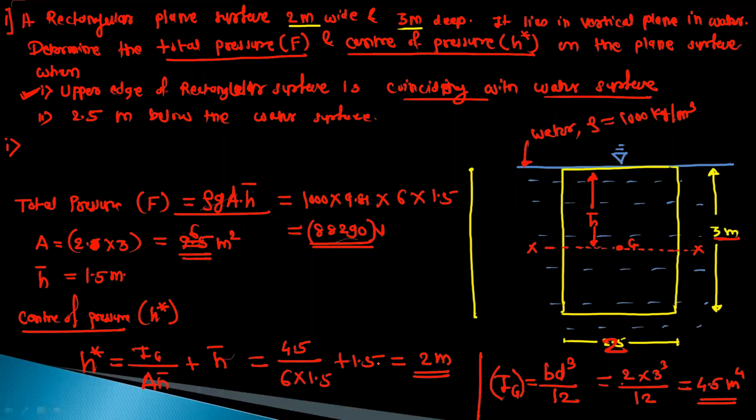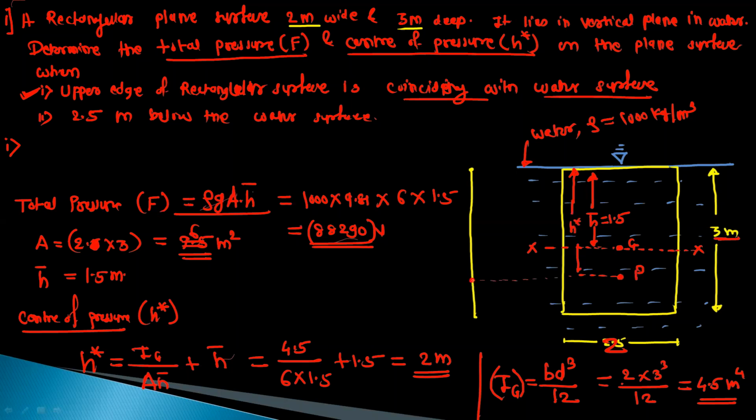So h star is at 2 meter distance with respect to this free surface. So h bar value is 1.5, so h star will be somewhere here at 2 meter. This is called the center of pressure. With respect to this free surface of the water, this is the h star value.